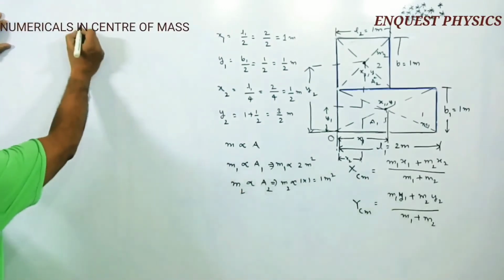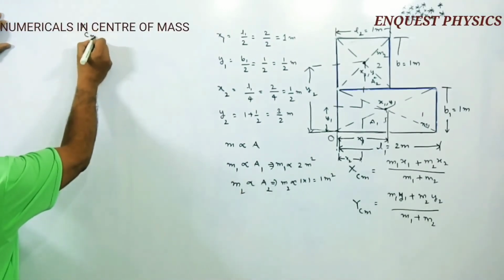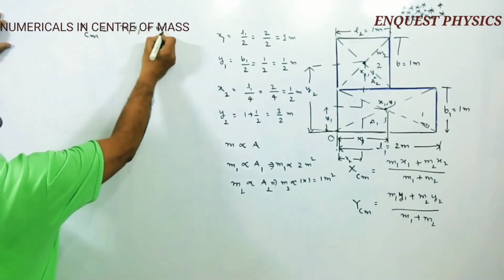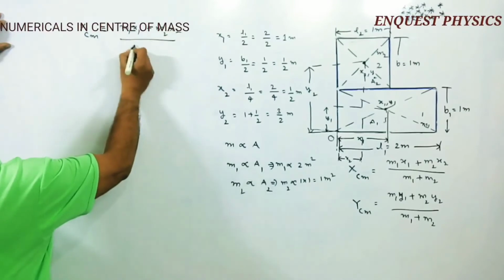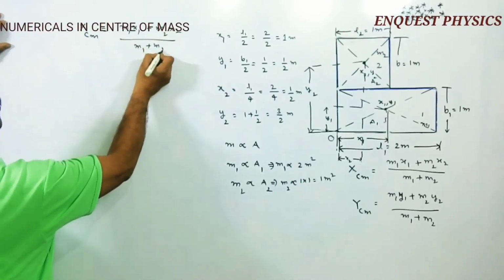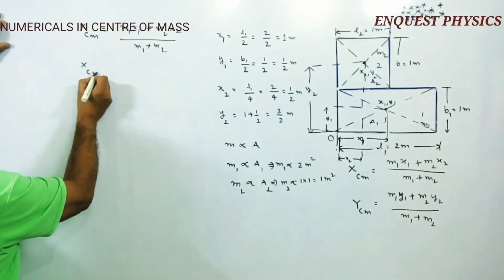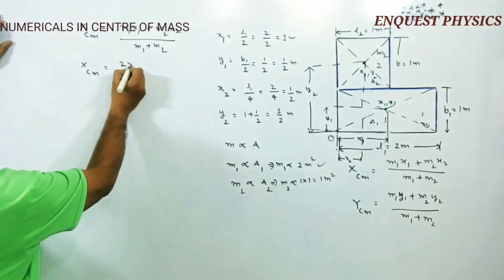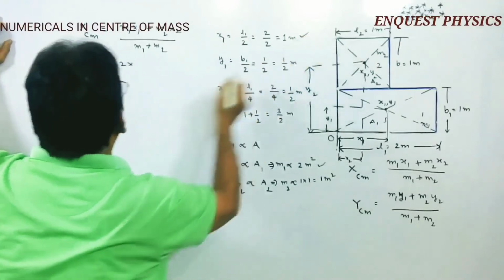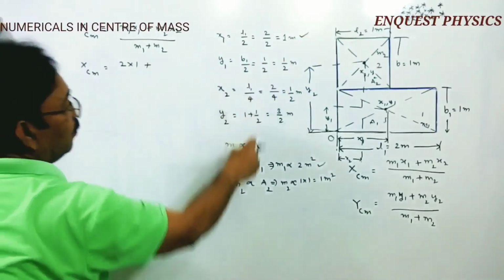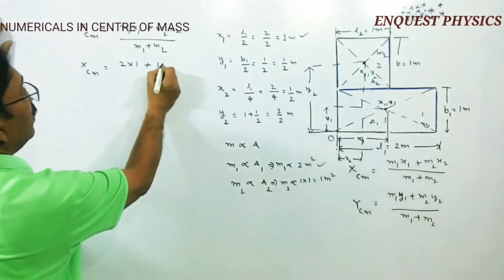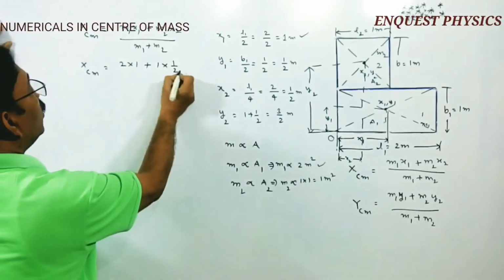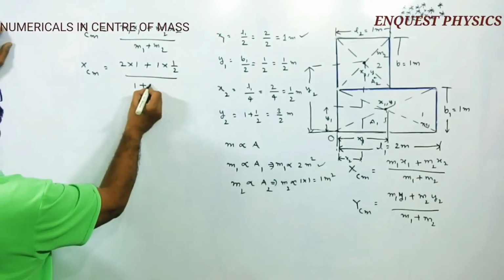Then we just put the values in. That is xcm is equal to m1 x1 plus m2 x2 by m1 plus m2. Let's put the values. m1 is 2 units, x1 is 1, plus m2 which is 1, and x2 is 1 by 2, divided by 1 plus 2.